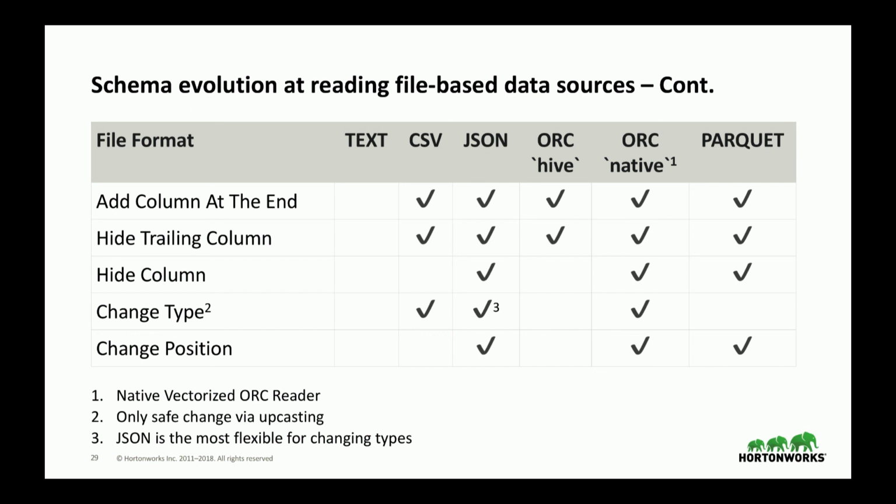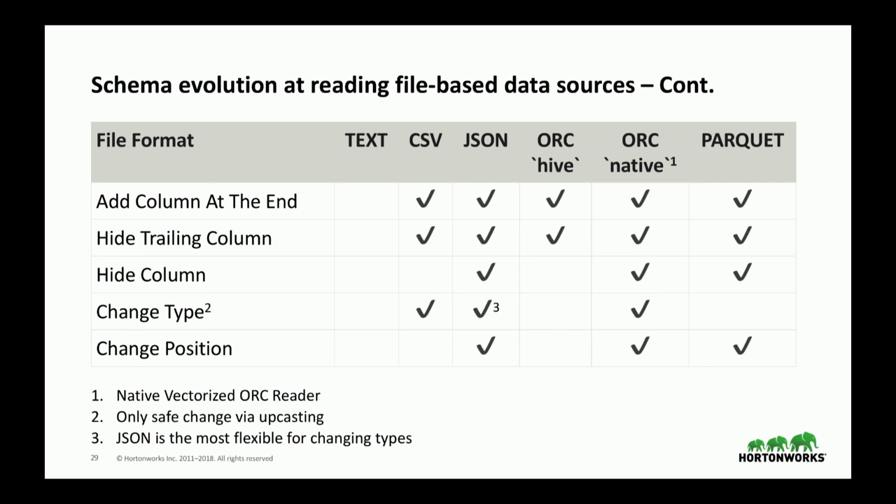CSV does not support that kind of operation, and also for CSV we cannot switch the column positions. JSON, ORC and Parquet support more general schema evolution. But for the Parquet case, schema upcasting was not allowed until now, so there is some issue. But still, there is a mark on change type. JSON is the most flexible one to change type.